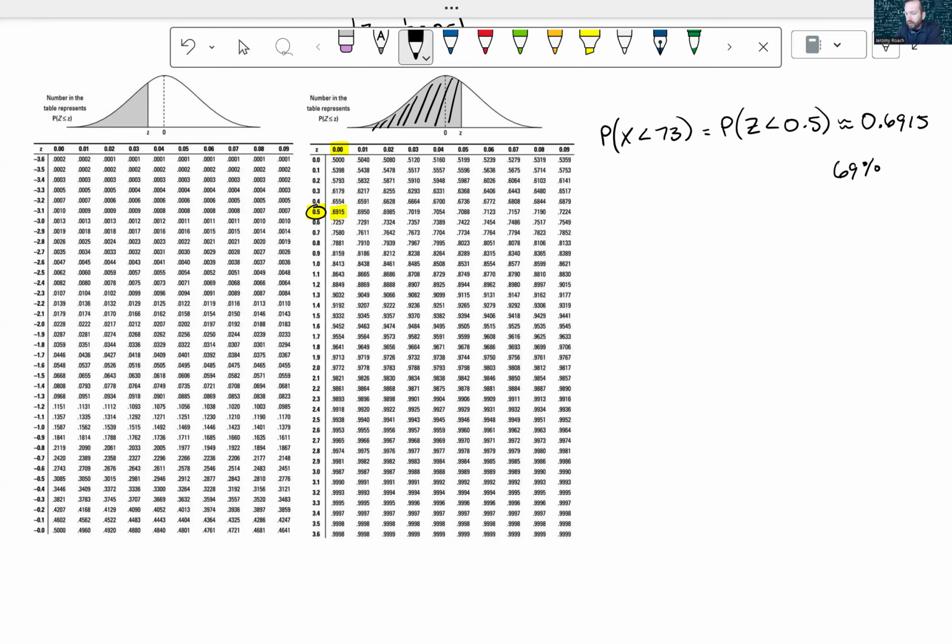Even if our z is a negative z-score, it's still less than, so it's including all of the area to the left of z all the way to the very end point. But we're going to take a look at another question next that asks us to find the probability that x lies between two values.